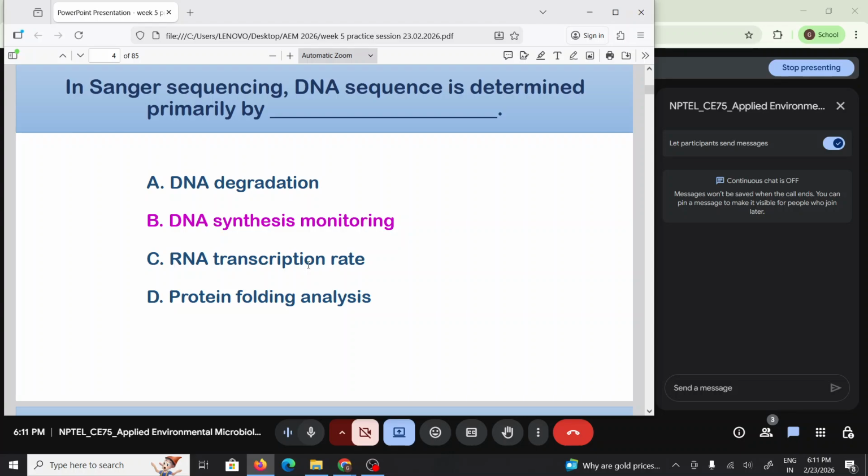We'll see a couple more questions on Sanger sequencing and then discuss it briefly together.